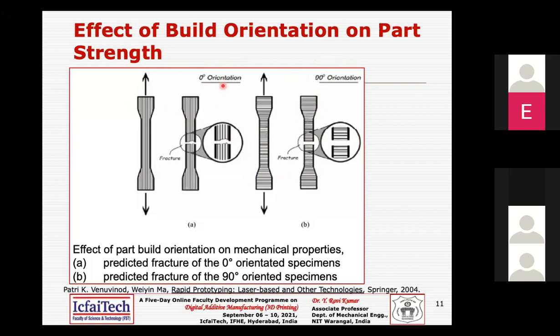So you have to come out with your selection of build orientation if your criterion is mechanical strength. Why? Because you have totally different fracture mechanics from one orientation to another.